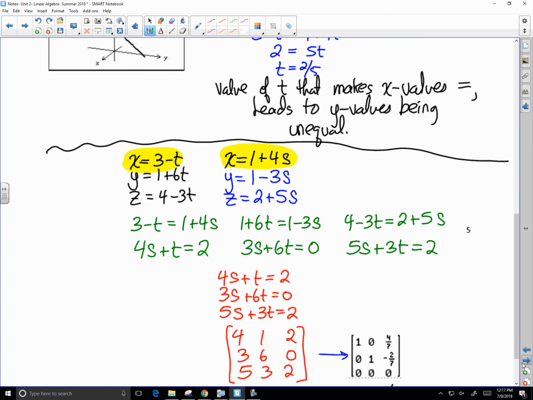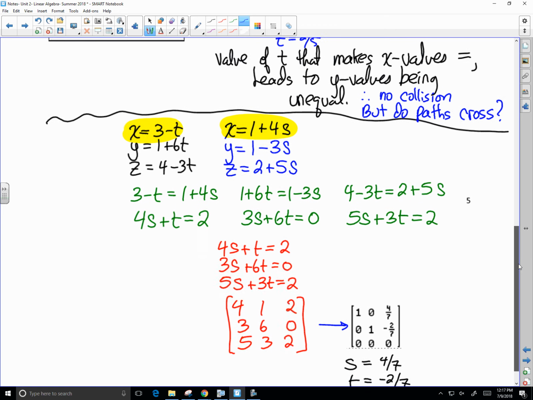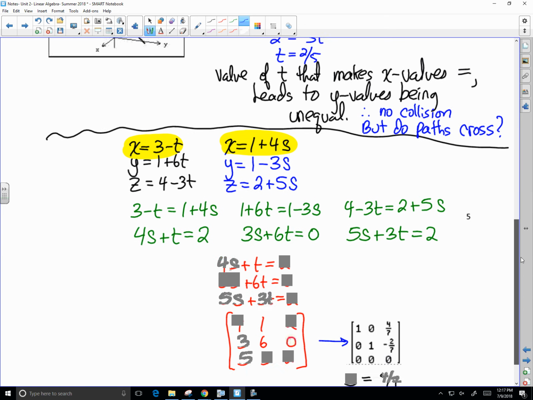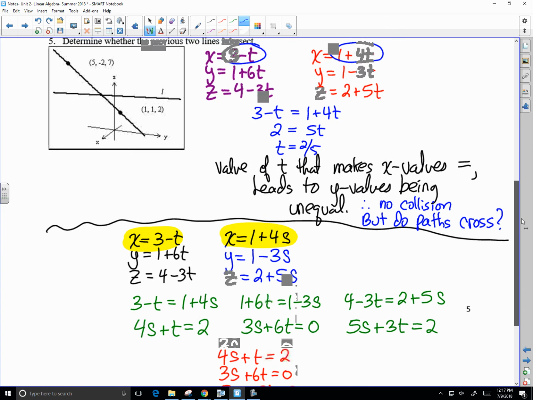All right, so that means there would be no collision, but the paths do cross. Yeah, this is just a recap.